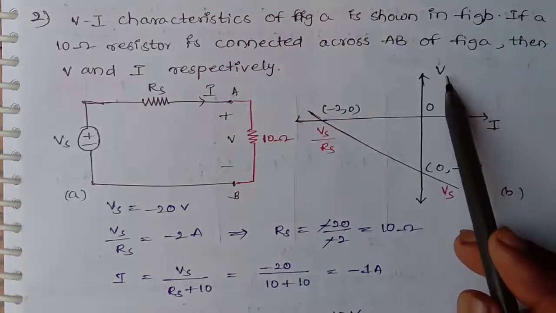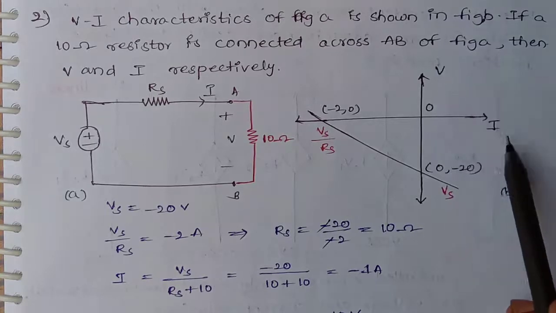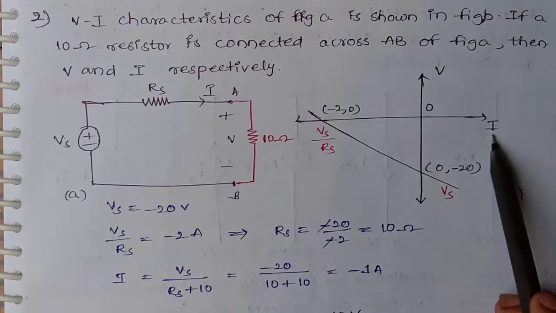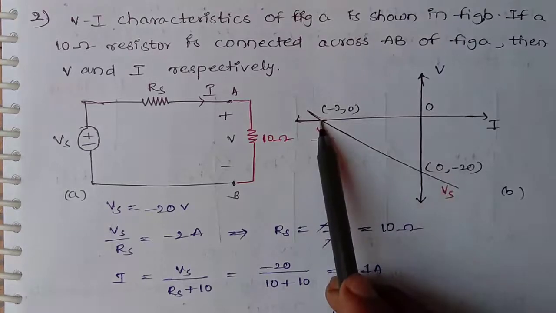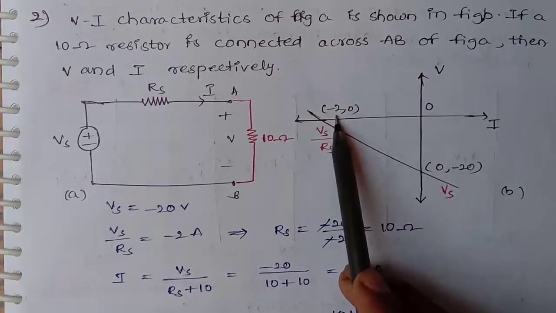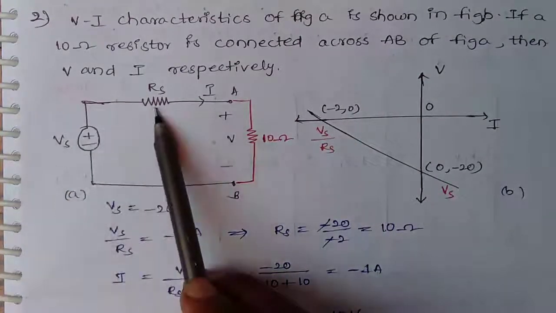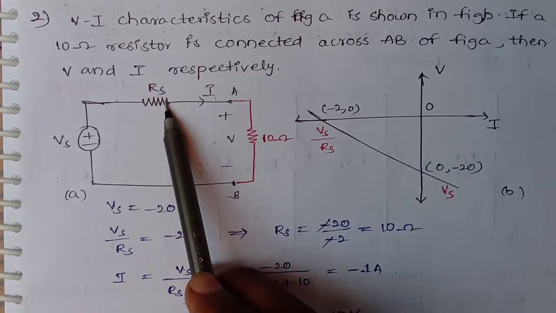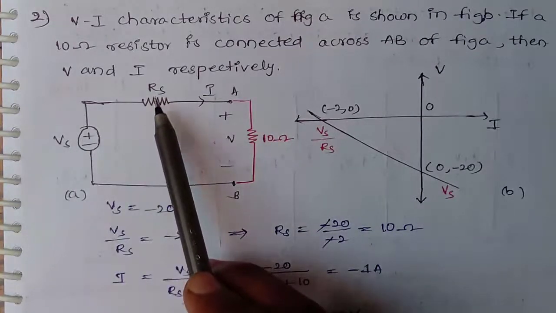In the graph, the value of voltage is given on the y-axis and the value of current is given on the x-axis. We need to find out this voltage Vs and this internal resistance Rs.